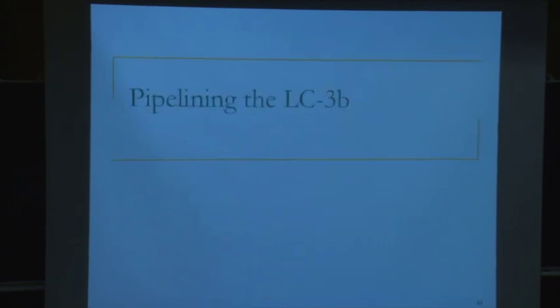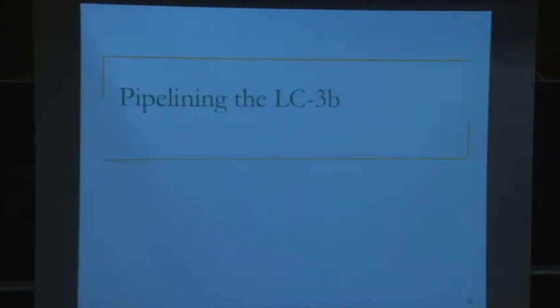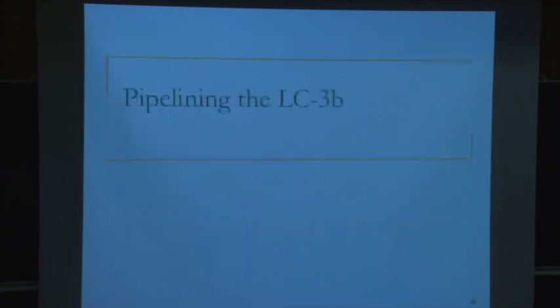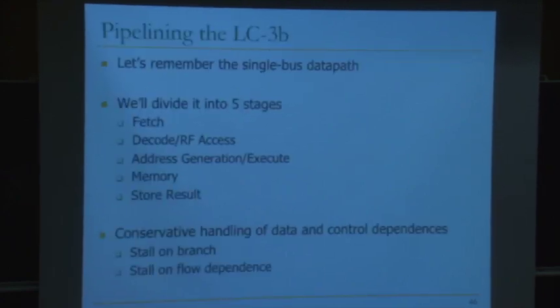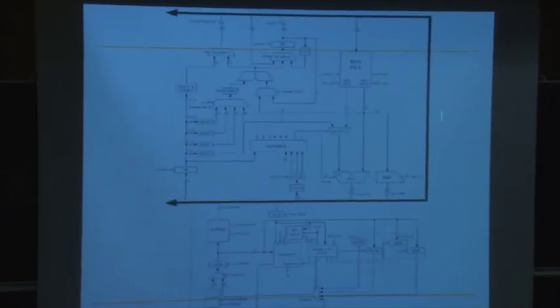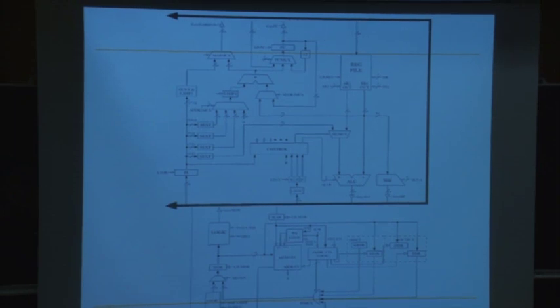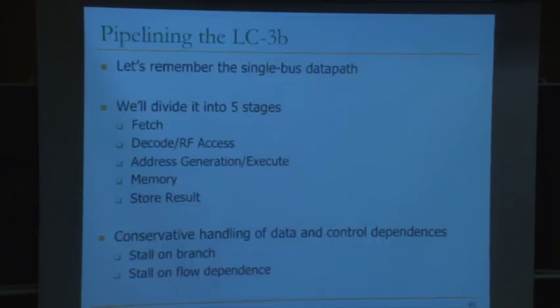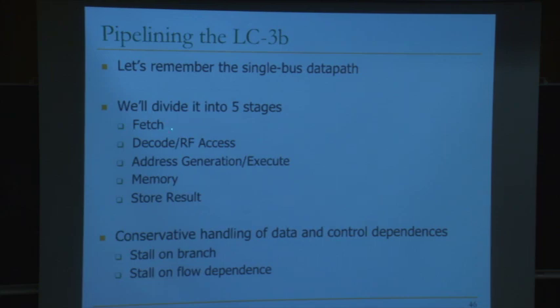Okay. So I think I'll leave this as an exercise to you, but pipelining the LC3B, that handout describes how you can move from a design like this, the single bus data path, to a pipeline data path. Basically, that handout divides it into 5 stages: fetch, decode, address generation, memory, store result.